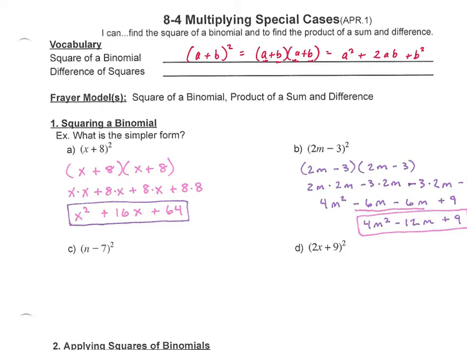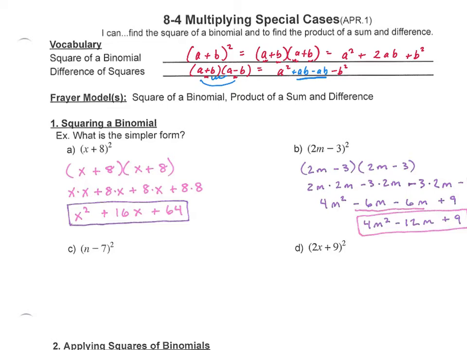The other special case is the difference of squares, where I have a plus b times a minus b. That is the sum and difference that we're multiplying together. You get your a squared and your minus b squared, but when you multiply the inside, you get plus a times b, and when you multiply the outside, you get minus a times b, and these two things end up becoming 0.